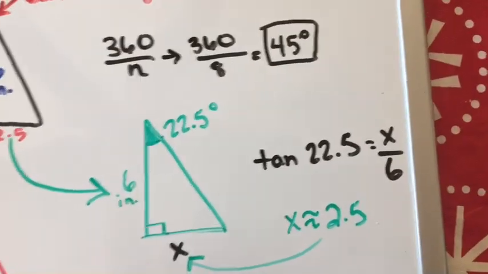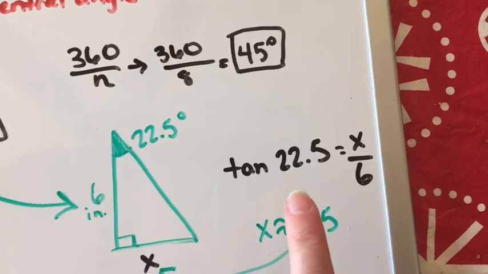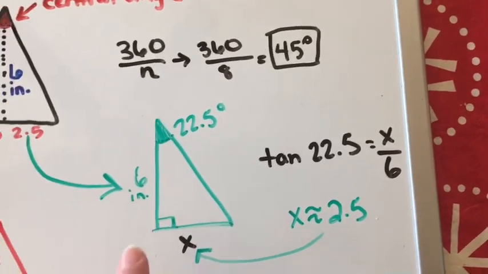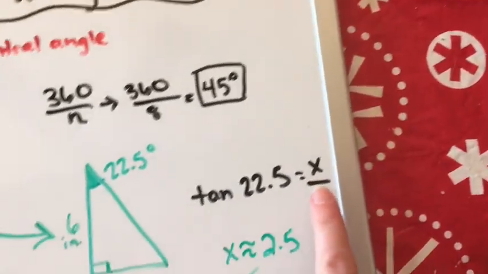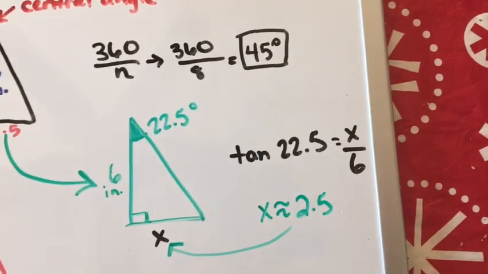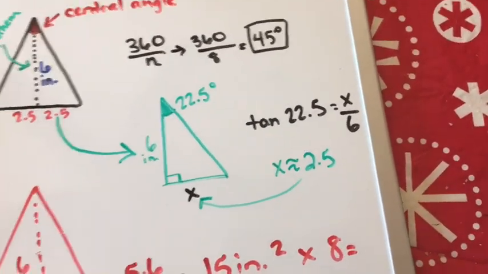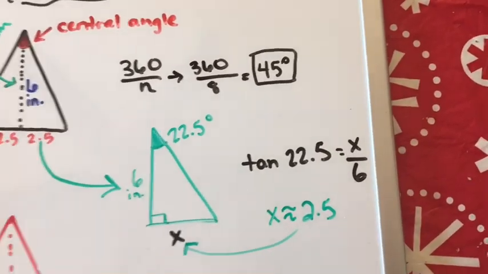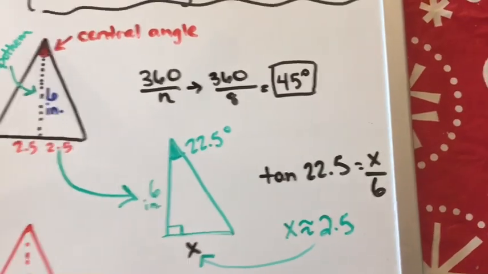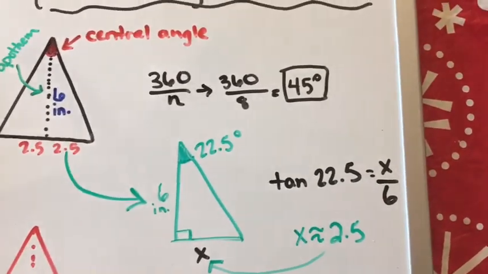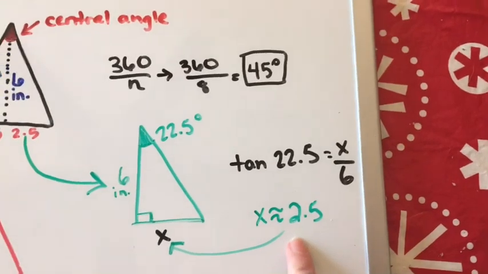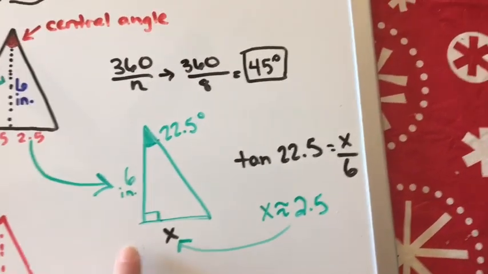We're gonna say the tangent of 22.5 is equal to opposite over adjacent, or x over 6. If you type that into your calculator, remember if x is in the numerator, you're gonna multiply. So we take 6 times the tangent of 22.5, and we get x is approximately equal to 2.5.